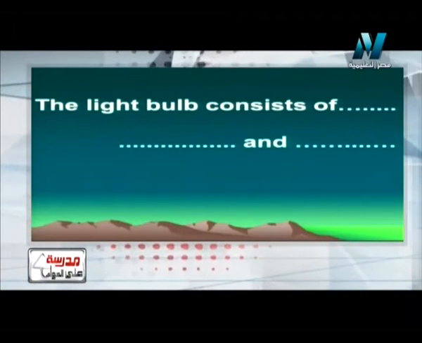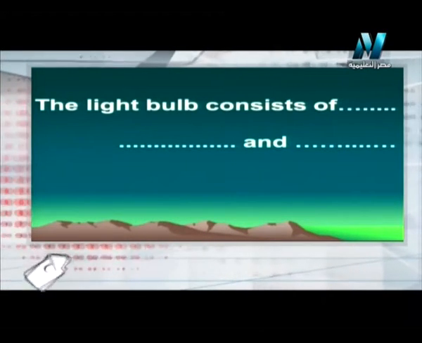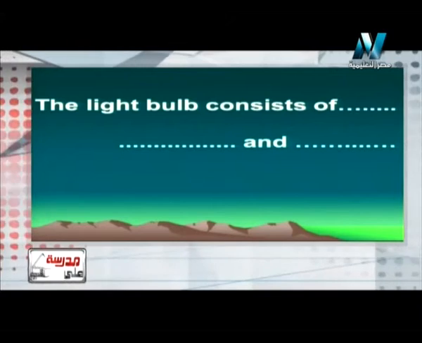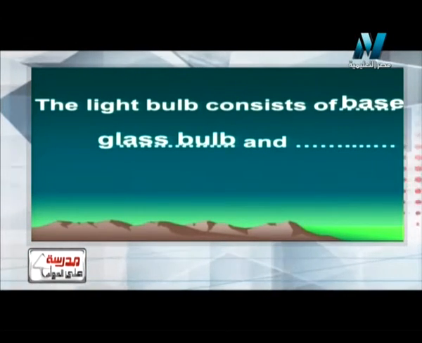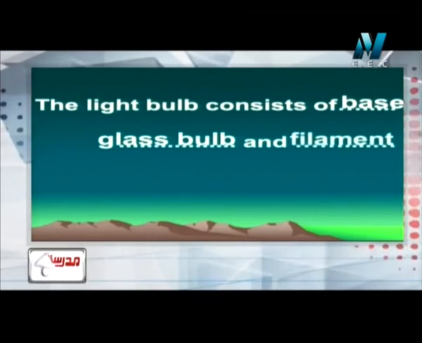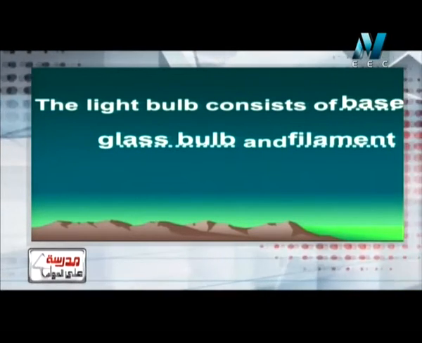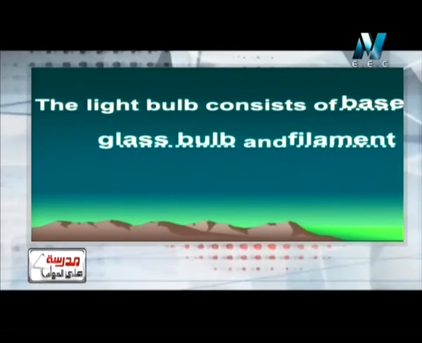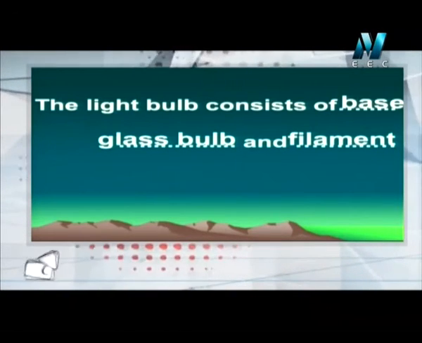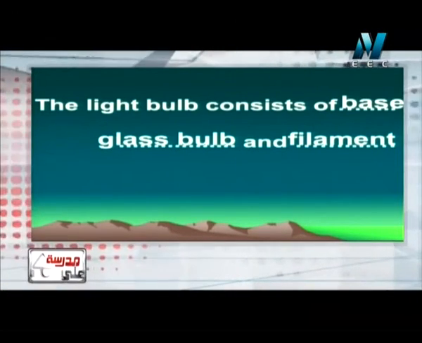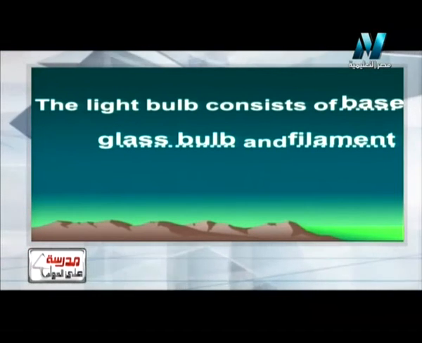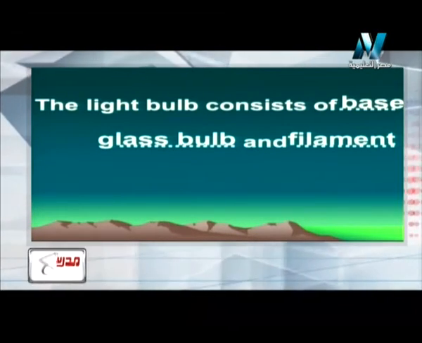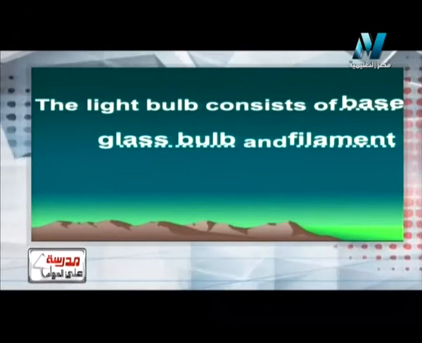So the answer surely will be base, glass bulb, and filament. The filament is made of tungsten, as you know, because it has a high melting point. Again, the light bulb consists of base, glass bulb, and filament.